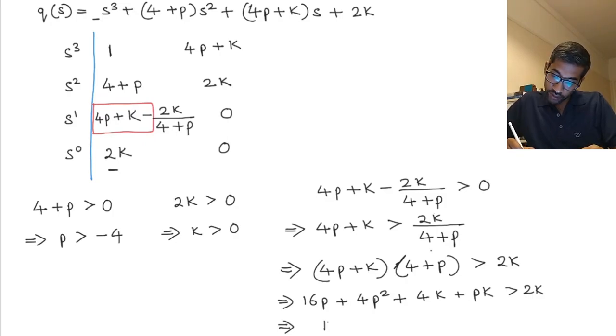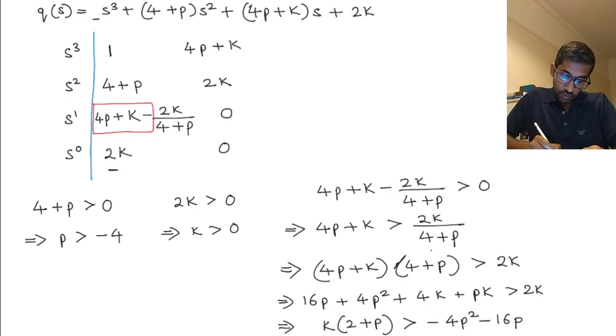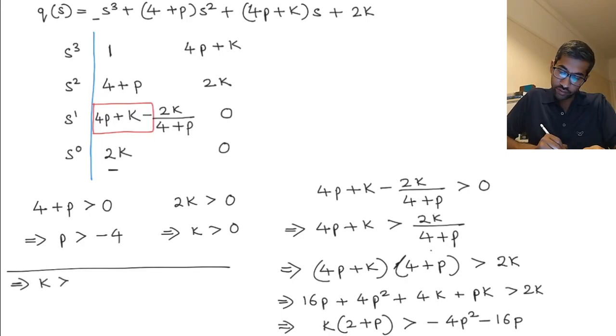So you get k times (2 plus p) is greater than minus 4p square minus 16p. This implies k is greater than minus 4p(p plus 4) over (p plus 2).